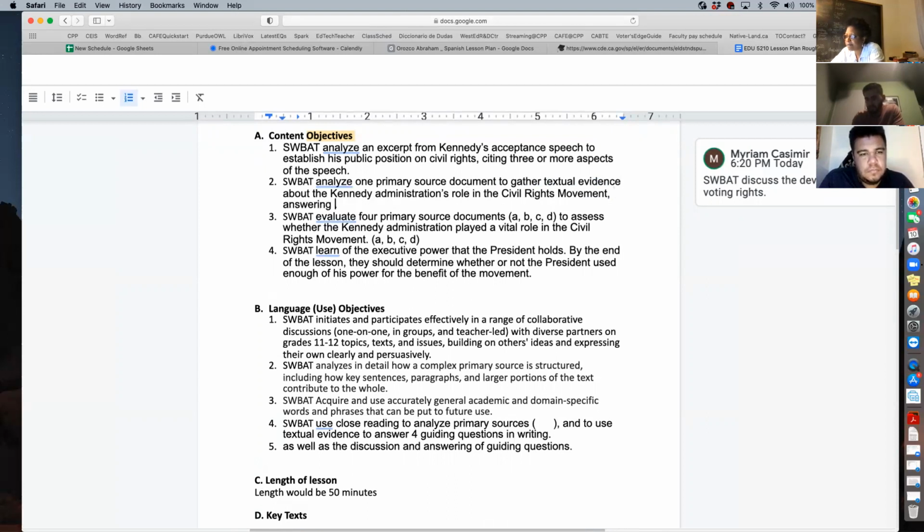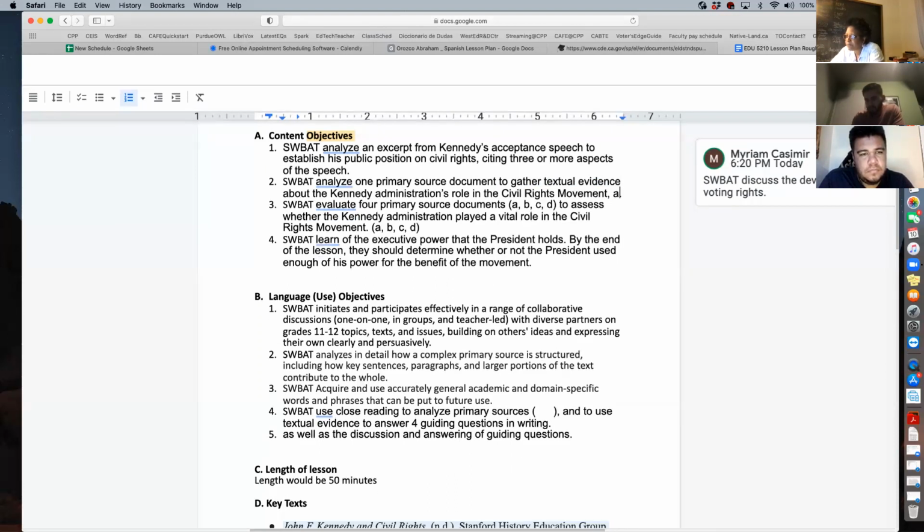So, okay, students will be able to evaluate four primary source documents.